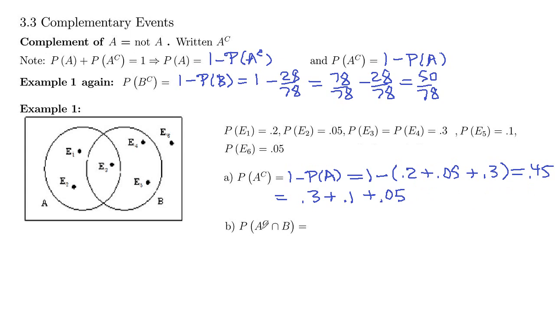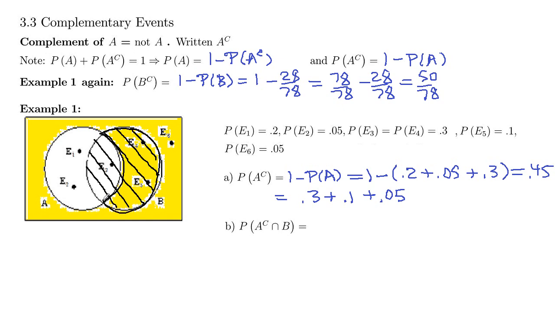What about the probability of A complement intersect B? So A complement is the part that's outside A, and then we're going to intersect that with B. So here's B. So we want the part of A complement that overlaps with B, which is going to be this crescent moon right here.